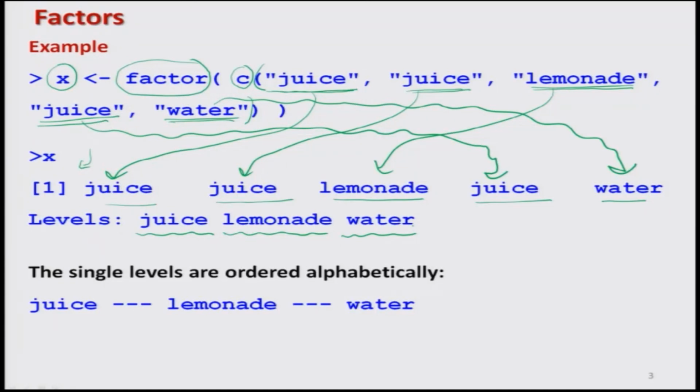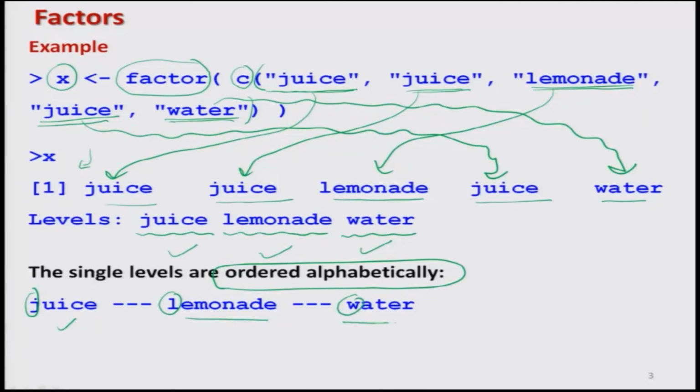But now in this statement, do you observe anything new? This juice, lemonade, and water, these are my 3 strings of characters which are alphabetically ordered. Juice comes first as it starts with J, then comes lemonade which starts with L, and then comes water that starts with W. This is what you have to observe.